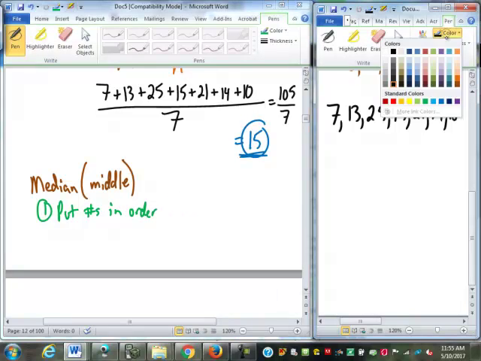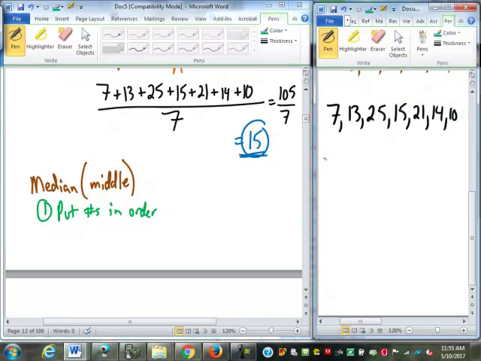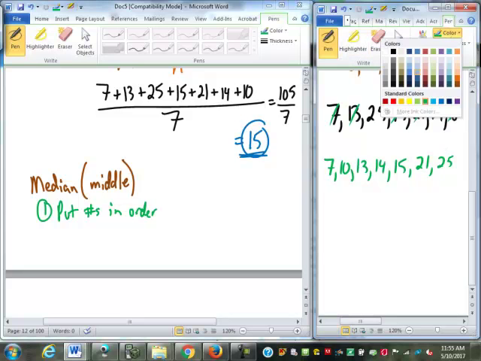So going over here, smallest is 7. Next looks like 10, 13, 14 first, then 15, 21, and 25. Just to count them: 1, 2, 3, 4, 5, 6, 7. There's 7 of them there.